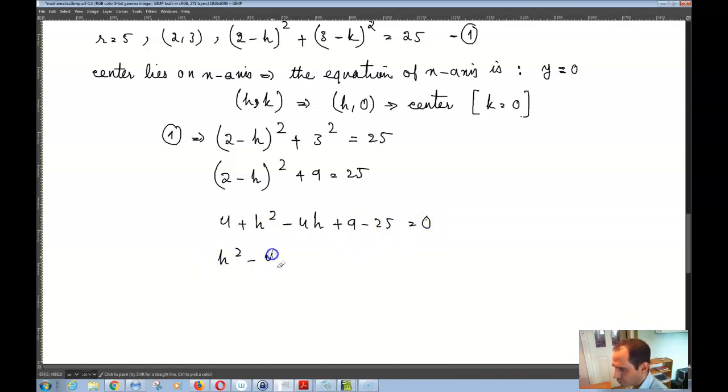So h squared minus 4h, and over here you have 13 minus 25, which is equal to negative 12, is equal to 0. And 12 is equal to 6 times 2. So I can take these two numbers 6 and 2: negative 6 times 2 is equal to negative 12, and negative 6 plus 2 is equal to negative 4. So I can write this as h squared minus 6h plus 2h minus 12 is equal to 0.